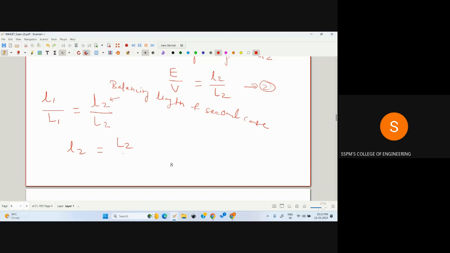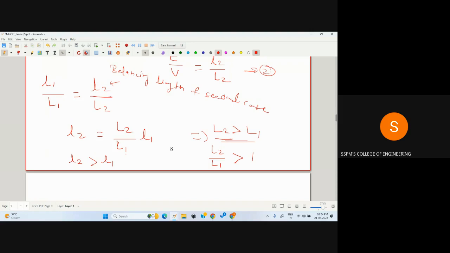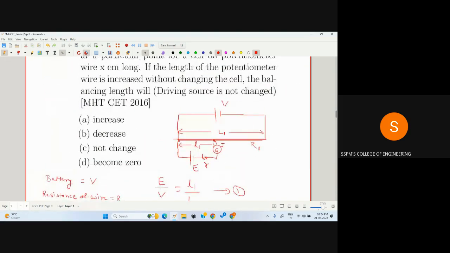But the condition is given L2 is greater than L1. It means the ratio L2 divided by L1 is greater than 1. As the ratio L2 divided by L1 is greater than 1, small l2 is also greater than small l1. It means the balancing length will increase.